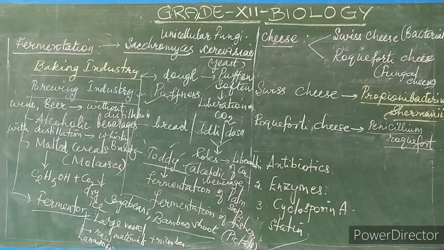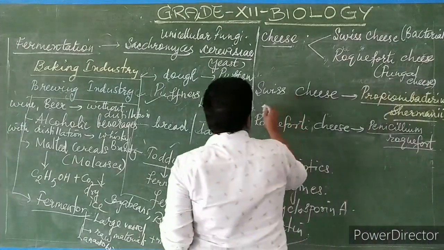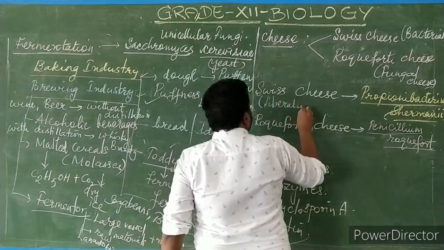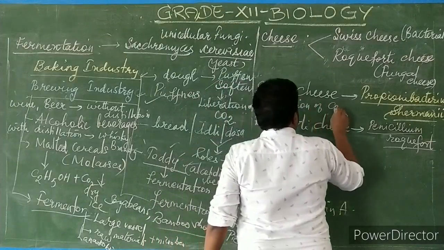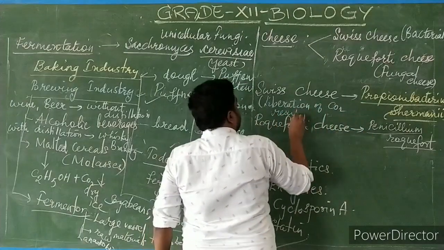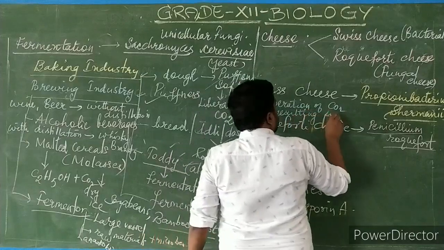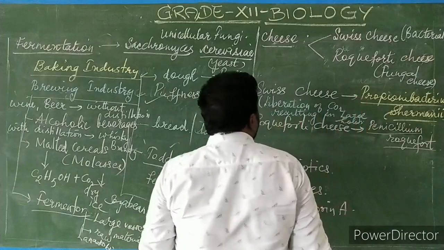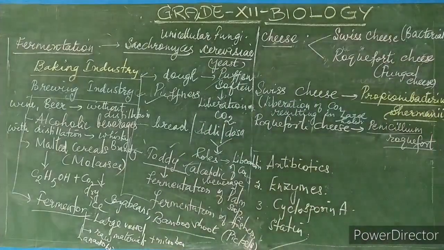Here it can be produced on a large scale with the production of carbon dioxide. In the case of Swiss cheese, you can see the liberation of carbon dioxide resulting in large holes on the cheese. That is occurring due to the liberation of carbon dioxide.